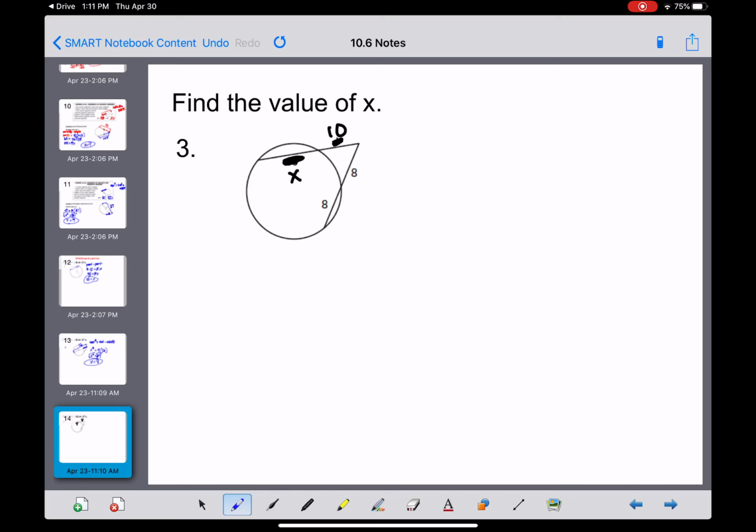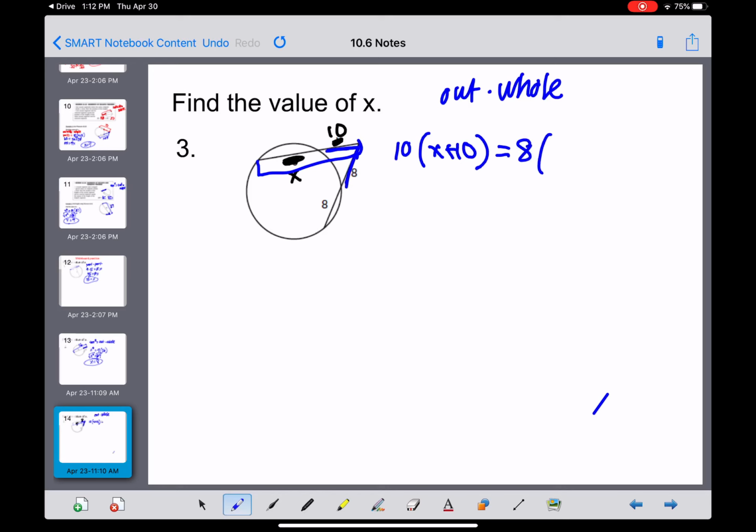Okay. After you've worked it, this is the one where you take the outside times the whole. So the outside part here is 10, and then the whole thing is this x plus 10. And then over here we have the outside part is 8, and then the whole thing is 8 plus 8, which is 16.